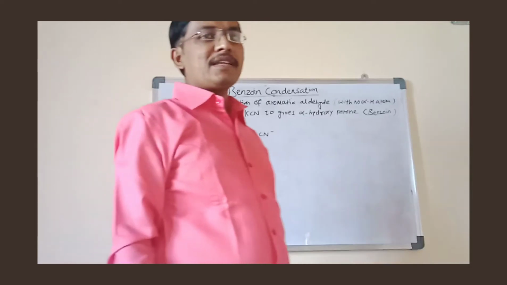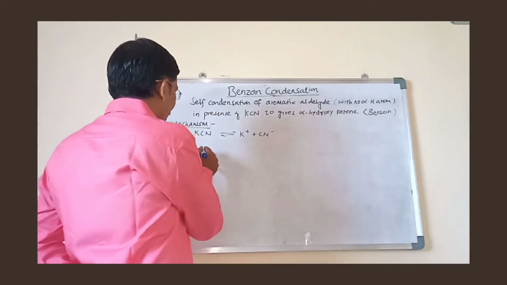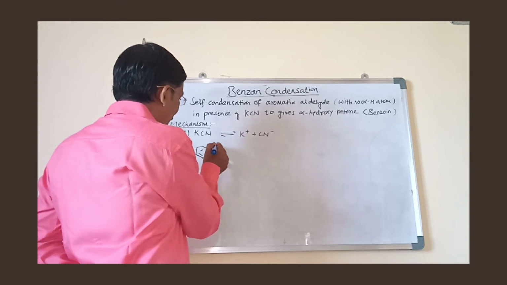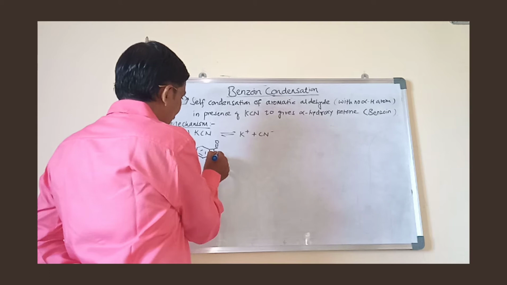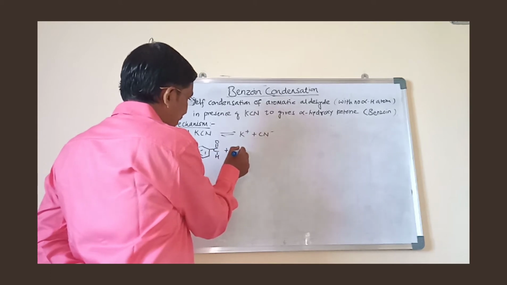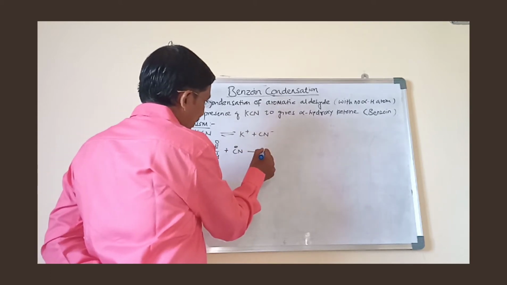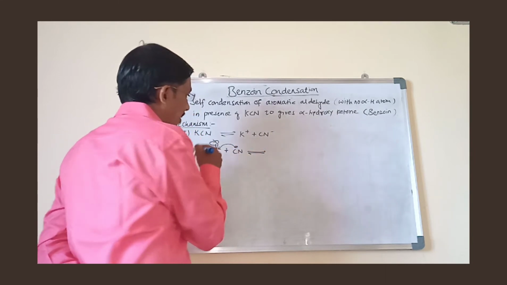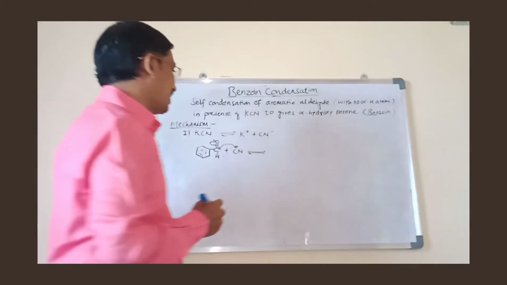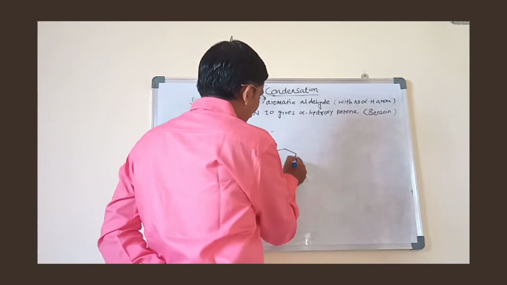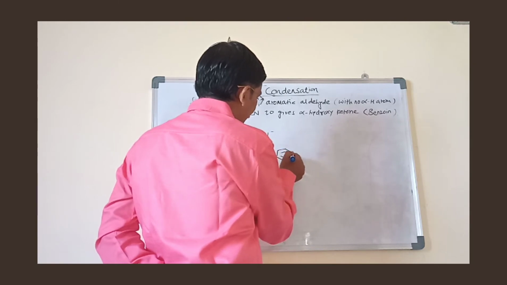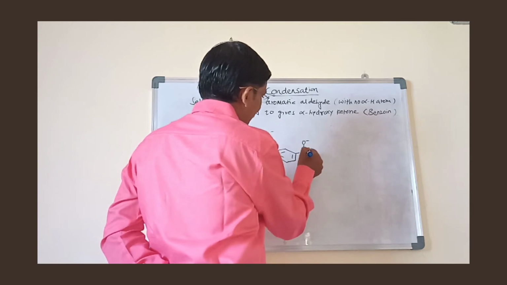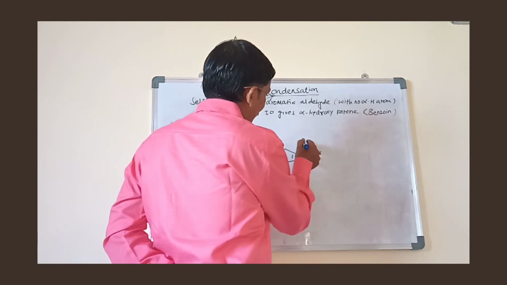That CN minus ion will attack the carbonyl carbon of aromatic aldehyde, CHO plus here the CN minus. Here it undergoes a nucleophilic addition type of reaction. The pi electrons will be shifted towards the oxygen. It becomes O minus.